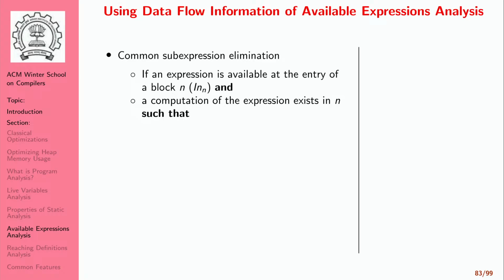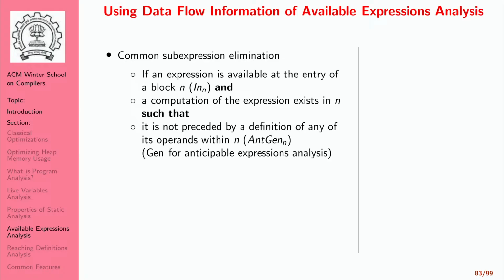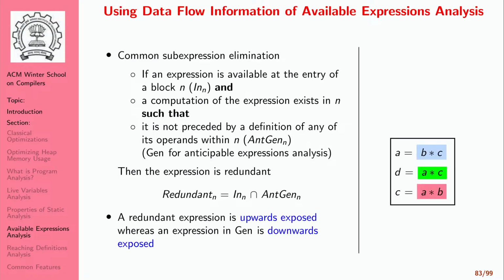The third requirement is that this computation of the expression should not be preceded by a definition of any of the operands. Okay, we can ignore this formula, don't worry about it, but let me explain what it essentially says on the board.